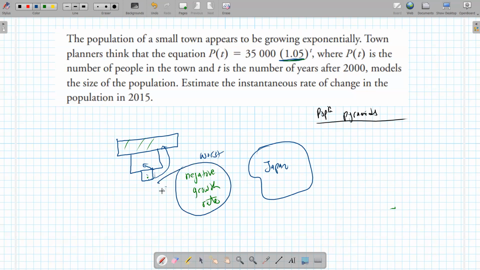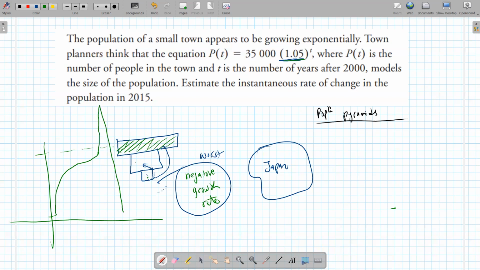This one's not good because these people depend on the economy, but there's not enough people to support that economy. So at this rate, this is going to be the boom and bust kind of thing that we saw before. So this is a logistic growth model. There's a carrying capacity. They would have exceeded the carrying capacity so hard that it's going to completely crash. So this is where they're headed.